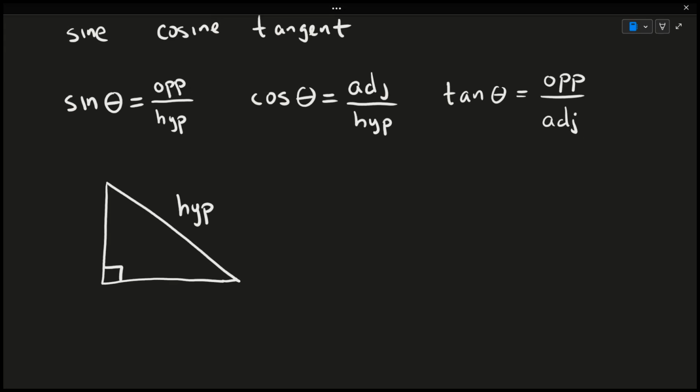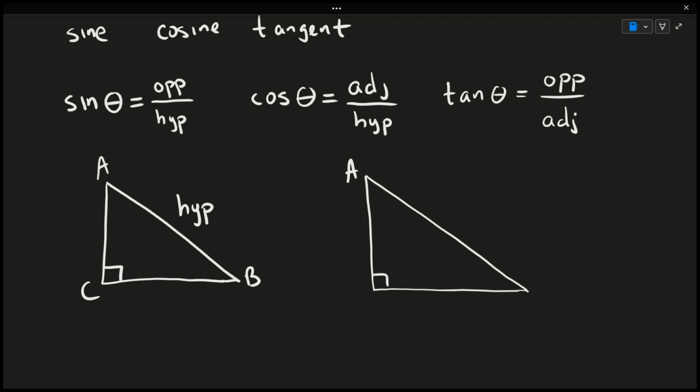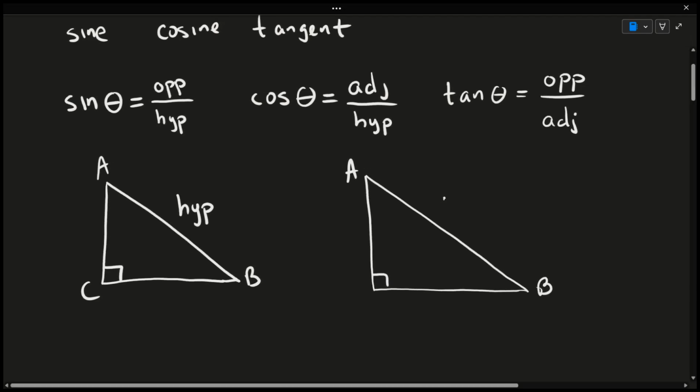Well, in this case, if it's triangle ABC, we kind of have to give you a reference angle. The hypotenuse is the hypotenuse is the hypotenuse.